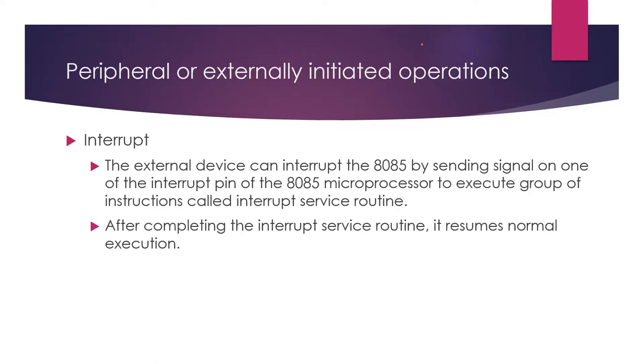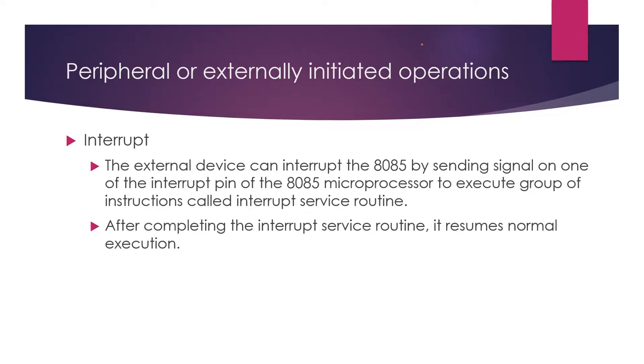Then interrupt. An external device can interrupt the 8085 by sending a signal on one of the interrupt pins of the 8085 microprocessor to execute a group of instructions called the interrupt service routine. We will discuss more about interrupts in the 5th chapter of this course, and we will also discuss the ISR.